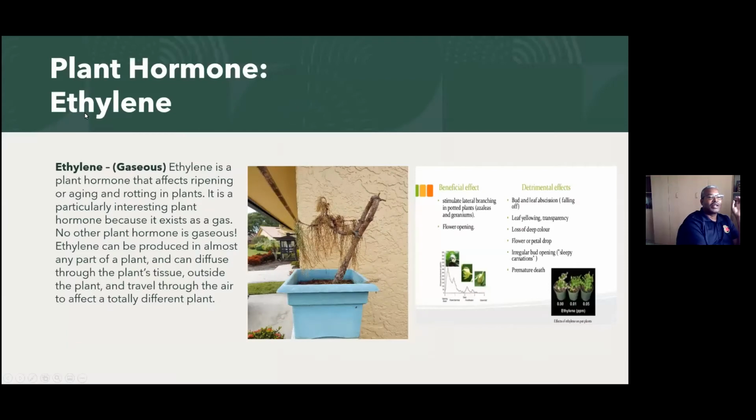Now here we have ethylene. Ethylene is the only gaseous hormone. It's a gas that stimulates lateral branching in potted plants, opening up flowers.